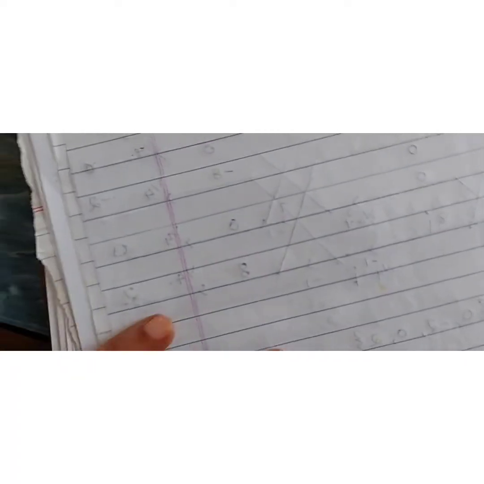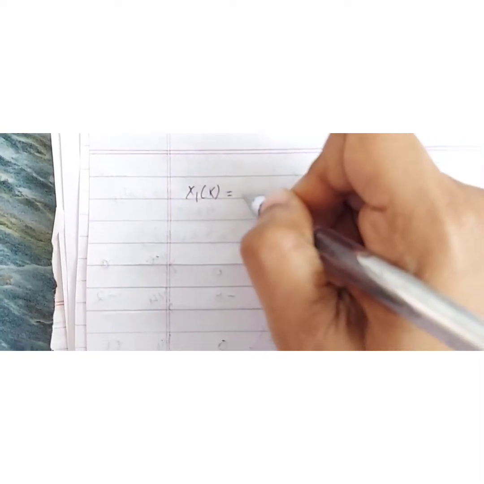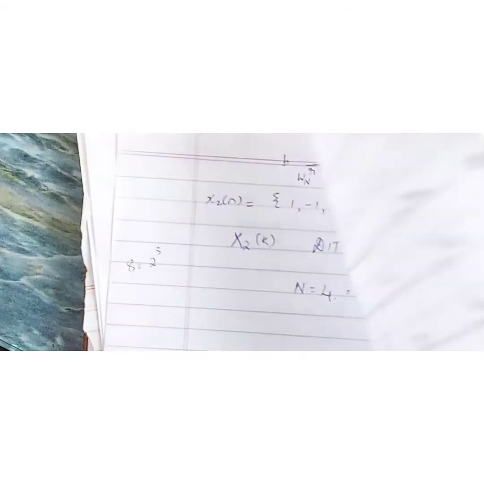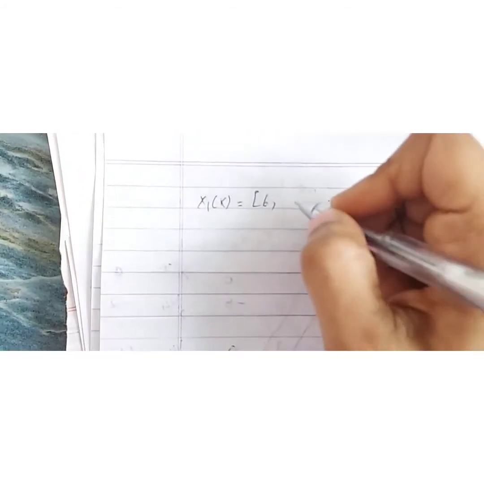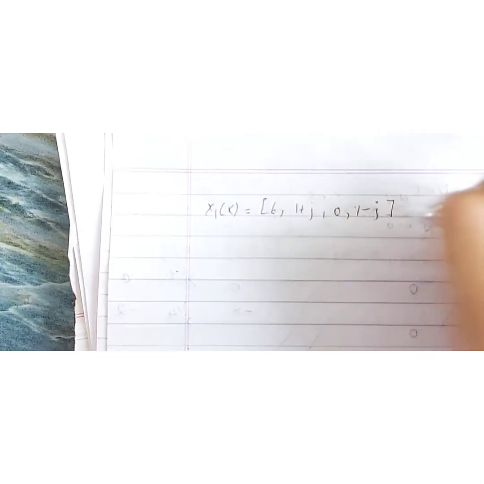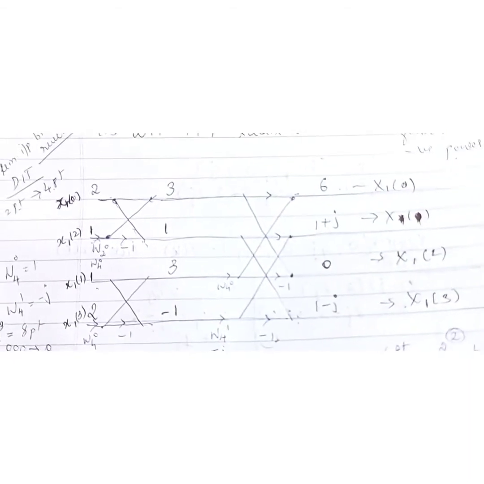So let us write it here. X1 of k, whatever we got, is 6, 1 plus j, 0, 1 minus j. So the same answer as what we earlier got.